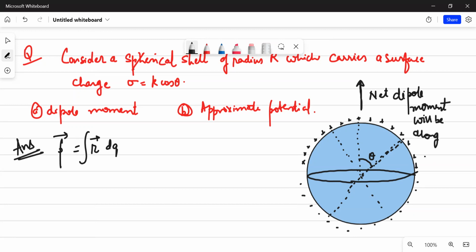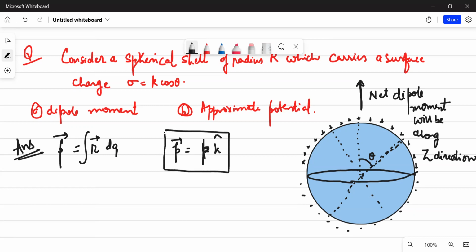Is that clear? Yes. So net dipole moment will be along the z direction. So if the net dipole moment is along the z direction, I can simply write that my p vector would be equal to p k cap. Is that clear?